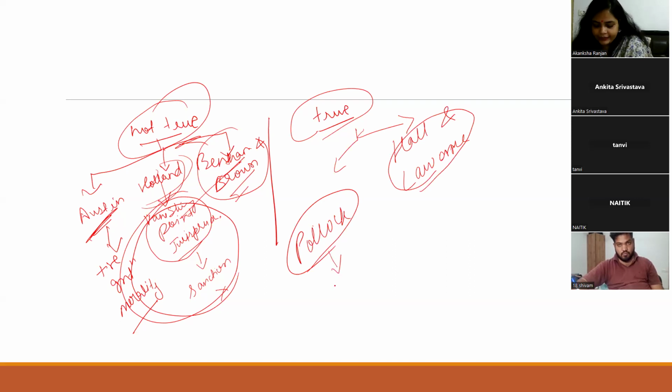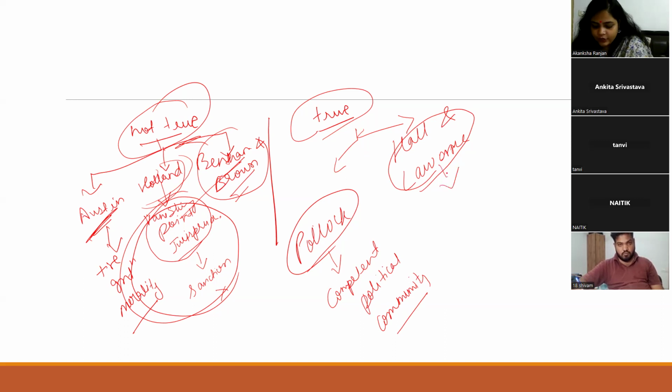Bullock has said that there is a competent political community which is existing, and it is recognized by all the members, all the states, and that is why it is a true law.